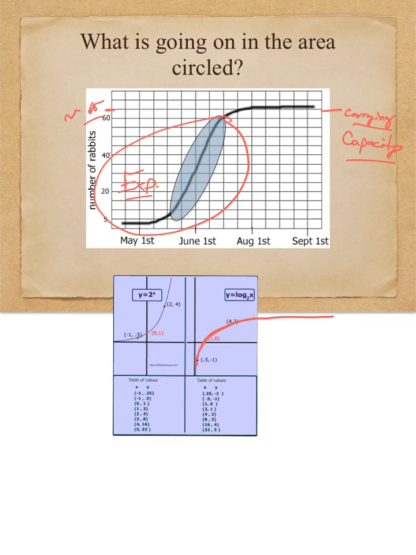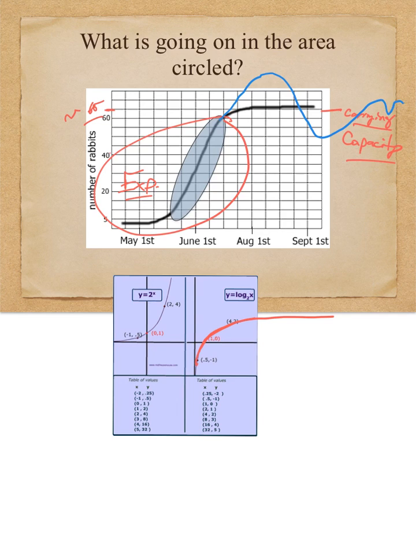If for whatever reason some rabbits were very enthusiastic and tried to have a lot of babies, then something, whether it be predators or disease or starvation or lack of water or space, would start to bring it down. And once it went below the carrying capacity, it would have more food and room and what have you, and it would come right back up again.